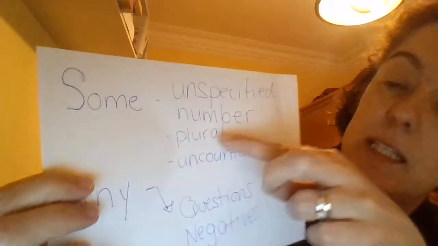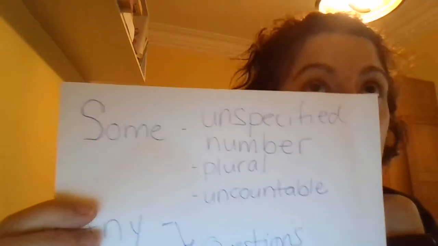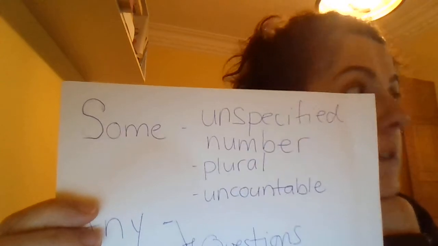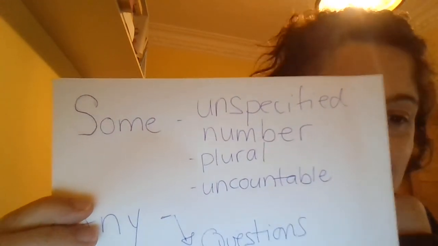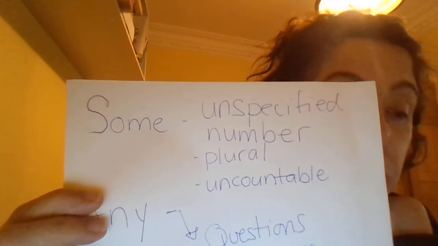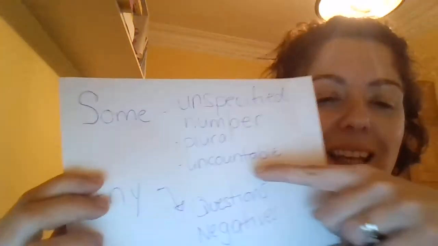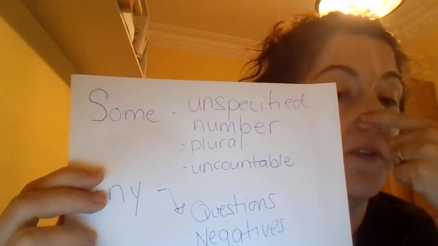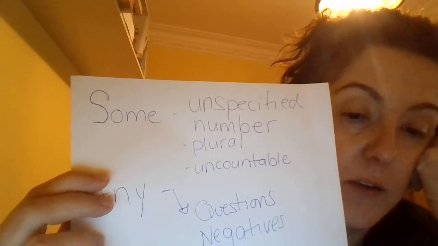Then we know that it's plural. How many cups does she have? Or does she have any apples? Yes, she has some apples. So we use it for plural. And then uncountable, but don't worry about uncountable for the moment. We'll come back and talk about uncountables at another time.